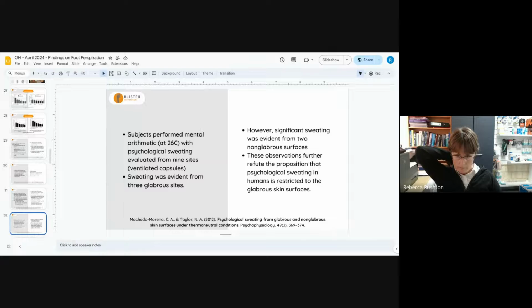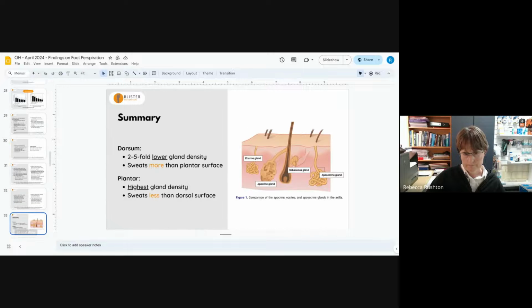These observations further refute the proposition that psychological sweating in humans is restricted to glabrous, i.e. plantar and palmar skin surfaces. So the dorsum has a lower gland density, but it sweats more than the plantar surface. The plantar surface has a higher gland density and it sweats less than the dorsal surface. Who knew?